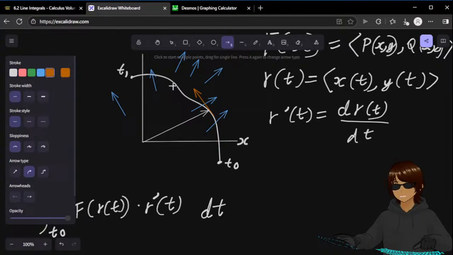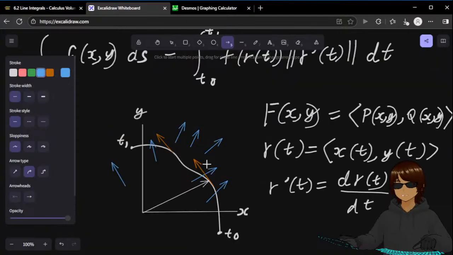So we are doing this dot the vector field at that position, which could be pointing anywhere.